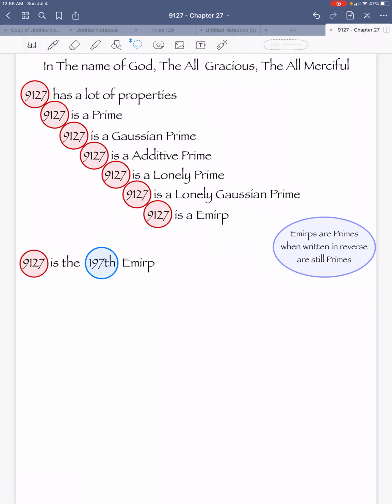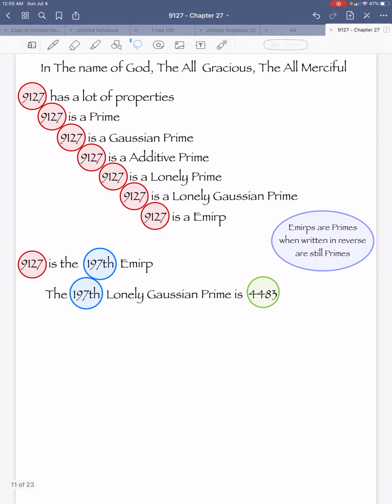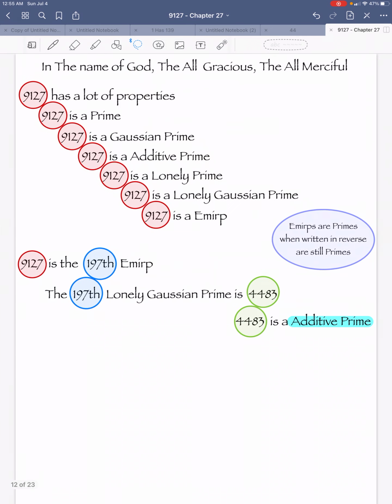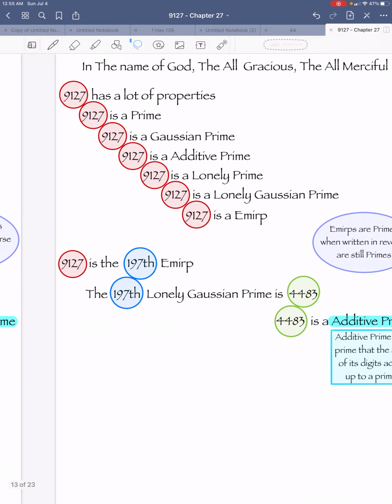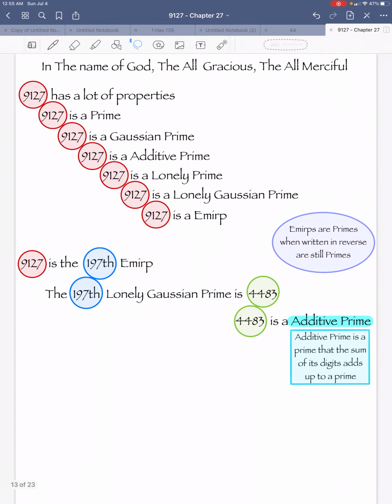9127 is the 197th EMIRP, and the 197th lonely Gaussian prime is 4483. 4483 is an additive prime. An additive prime is a prime whose digits sum to a prime.